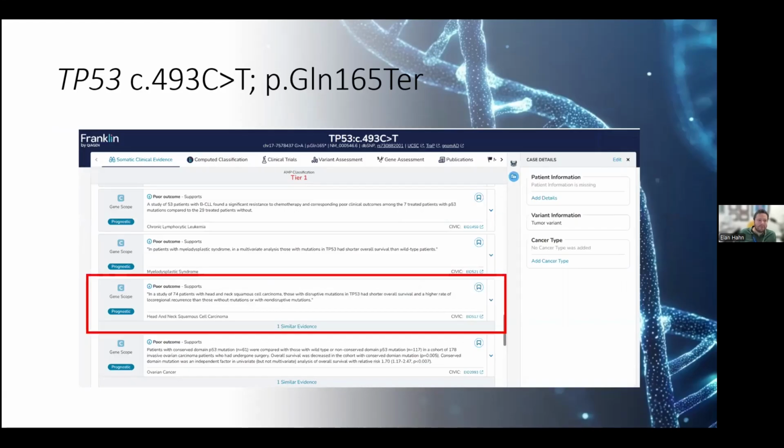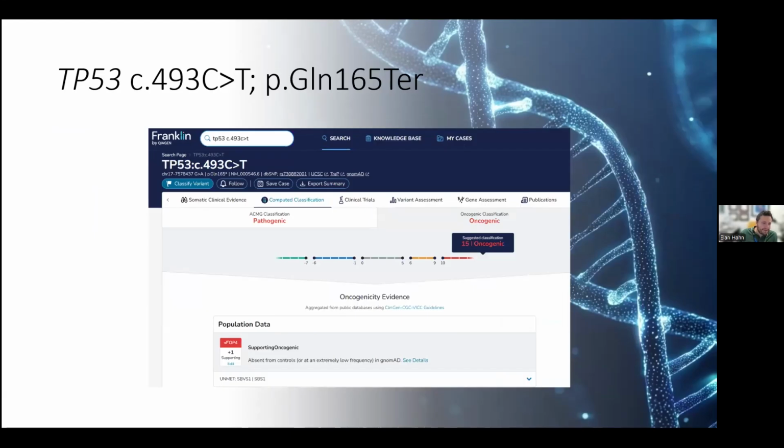So this is what you open up to in Franklin, and you could toggle to somatic or germline interpretation. So here, there was some prognostic significance in a head and neck squamous, so for tiering.